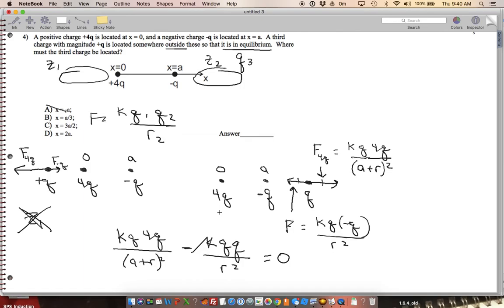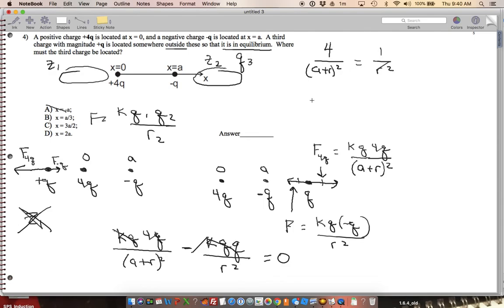Okay, so I can factor out a kqq. So now I'm going to say 4 over a plus r squared is equal to 1 over r squared.